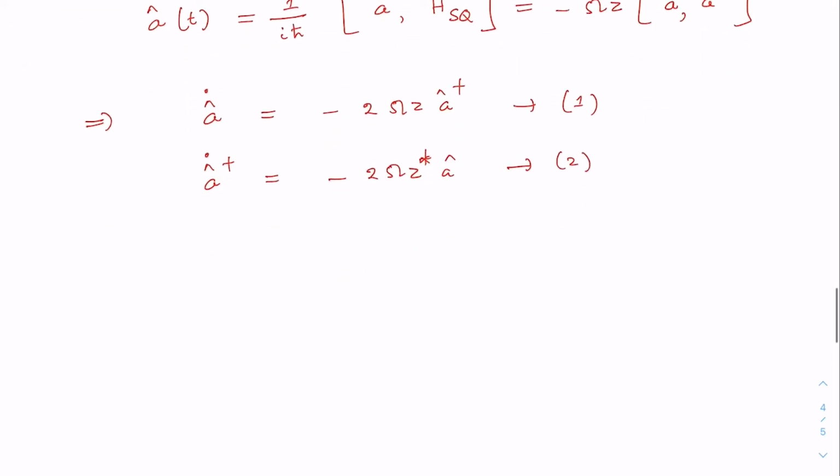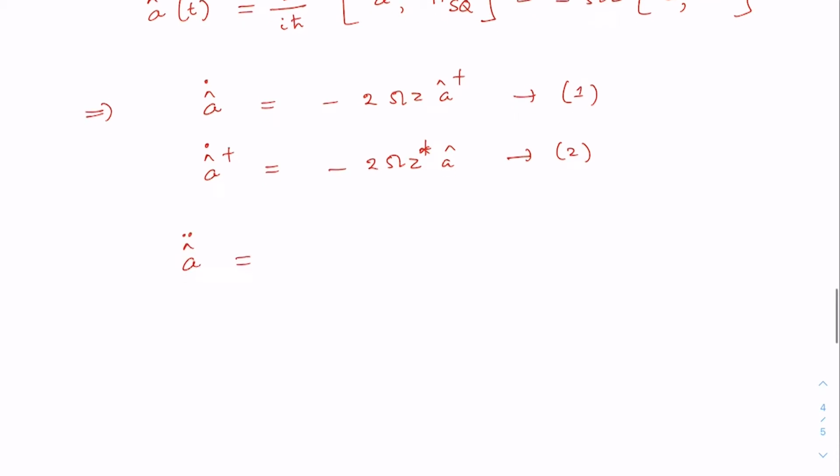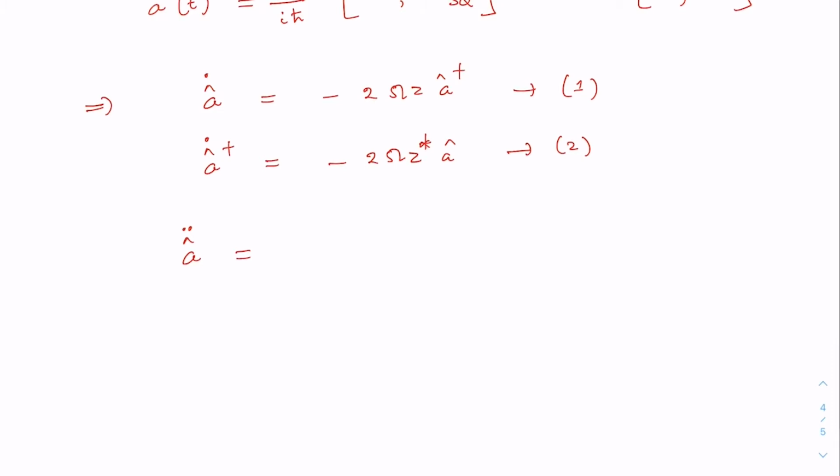Now from these two equations I can get an uncoupled equation. If I take the time derivative of equation 1, I can write a double dot, the annihilation operator. I'm taking the time derivative, so I will have minus 2ω z, and then minus 2ω z* a, which you can easily see.